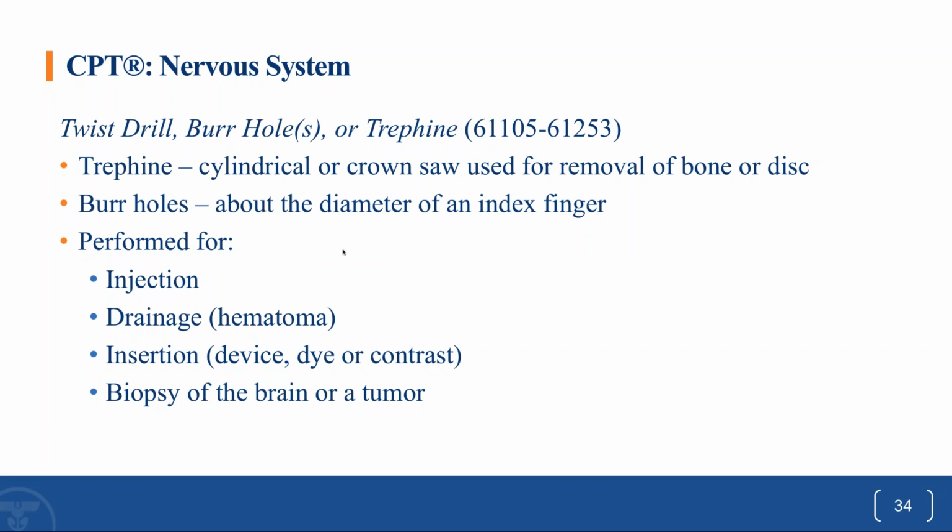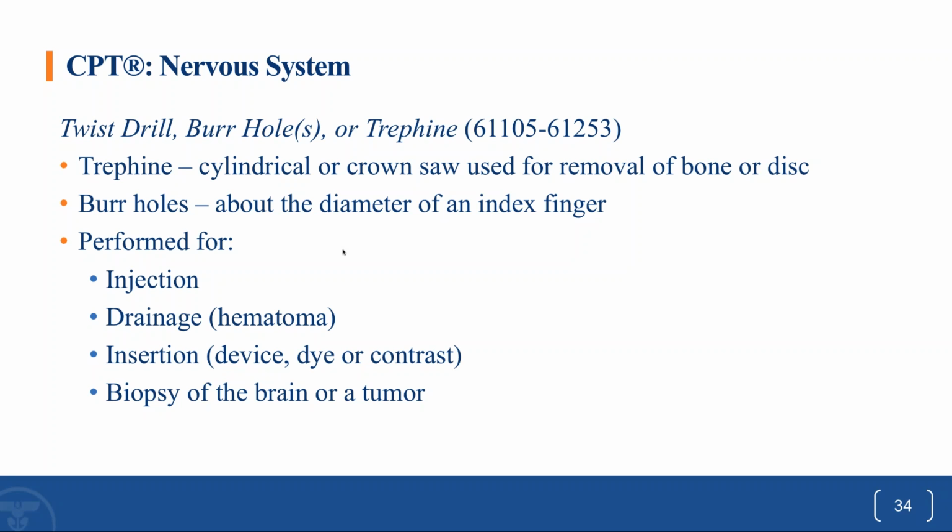Now, when they're using a burr hole, it's like if someone hit their head, right, and it's swelling, and they've gained a hematoma, and they need to release the pressure. They're going to use a burr hole.